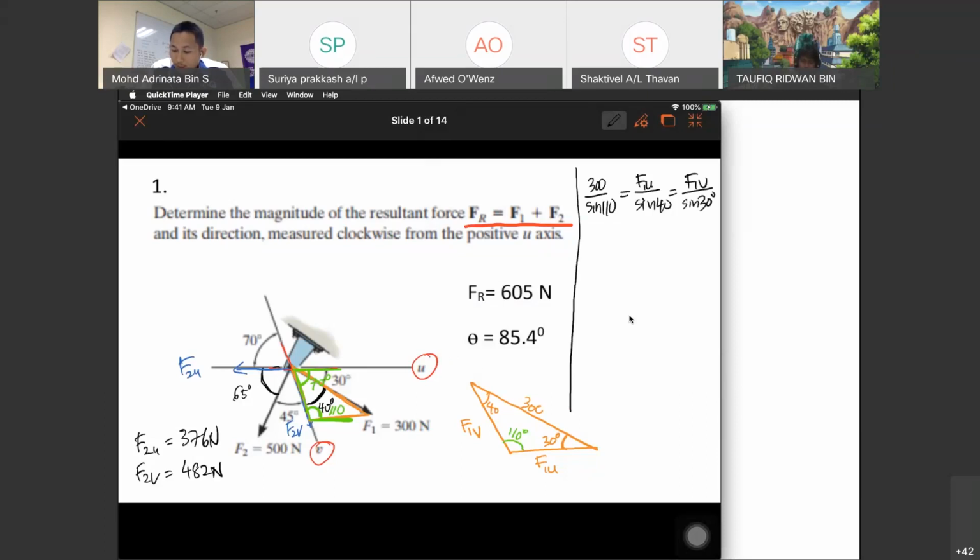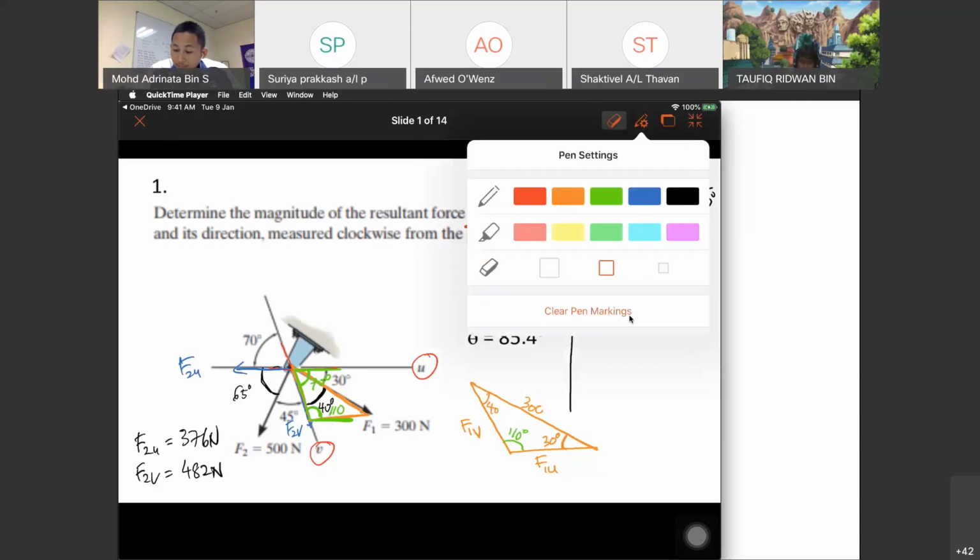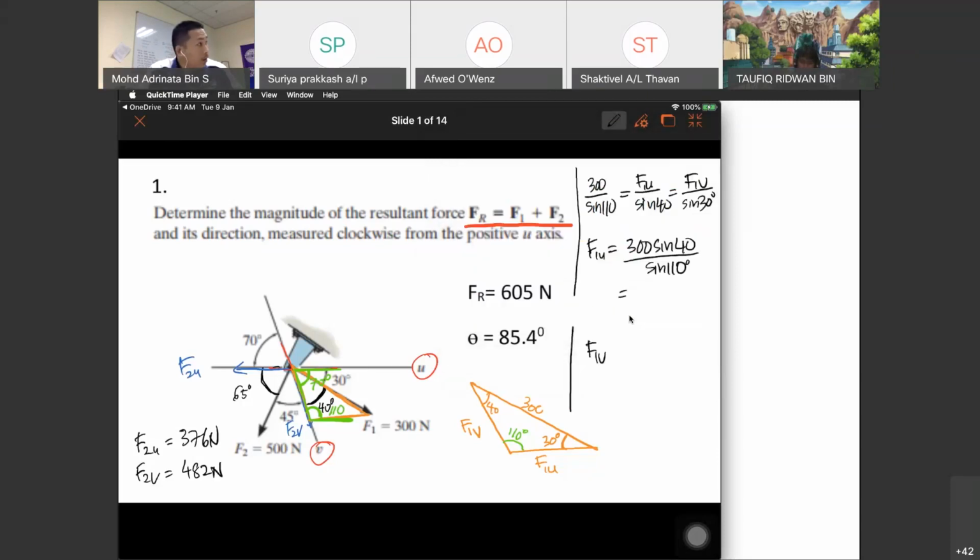Okay, then you can find your F1U equals 300 sine 40 over sine 110. F1V equals 300 sine 30 over sine 110. Okay?